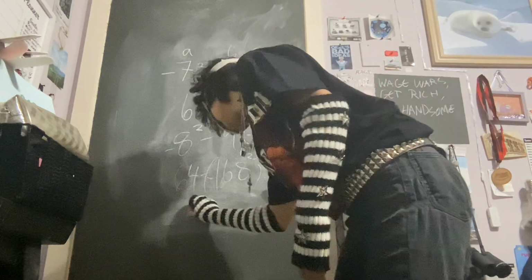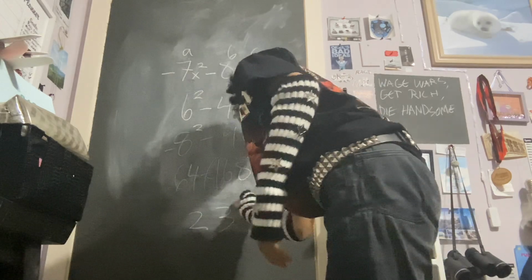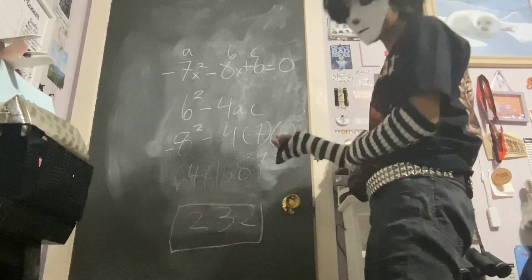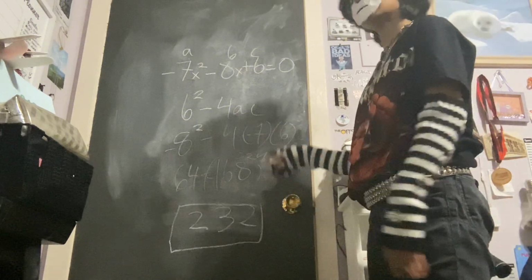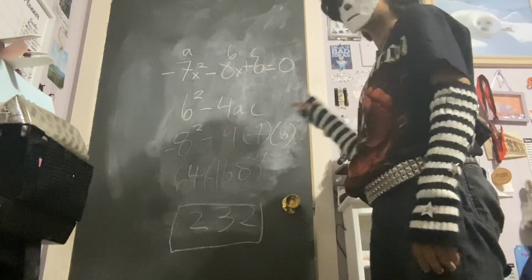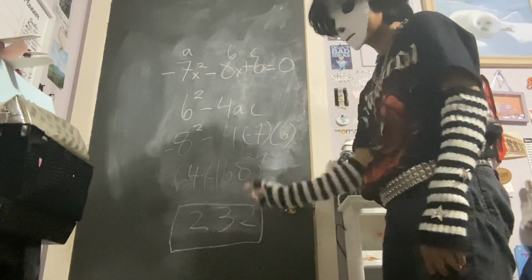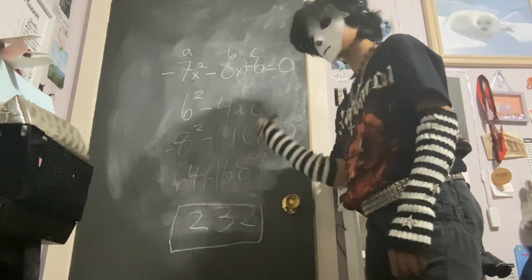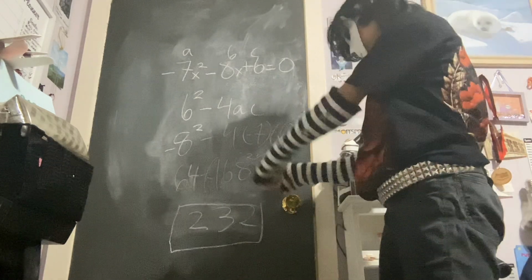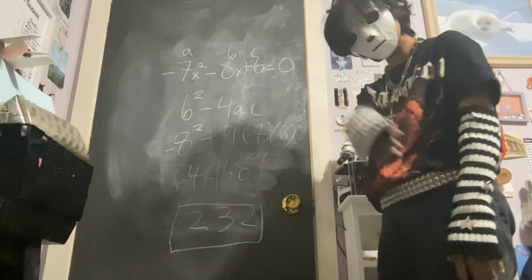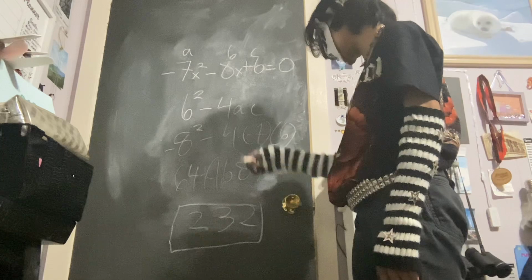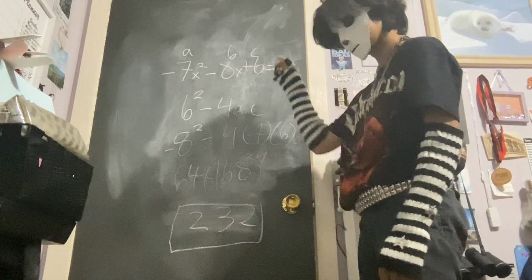So 232 is our final answer. Based on what we did earlier, this would be a rational number. Because the discriminant is more than 0, it would have two unequal roots, and it would be a rational number. So that is how we find it using the simple method.